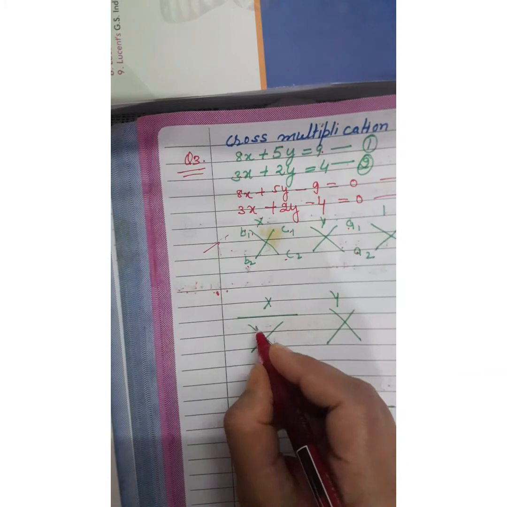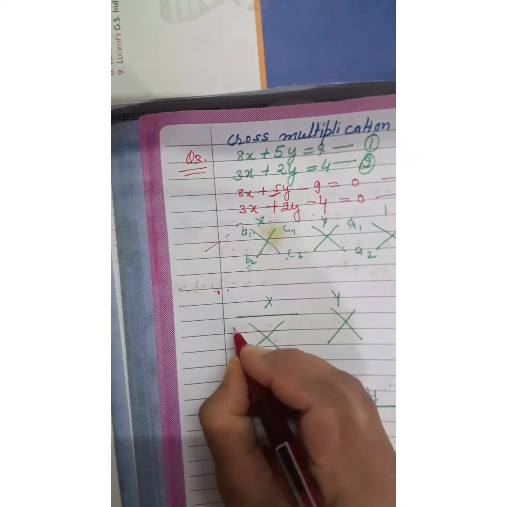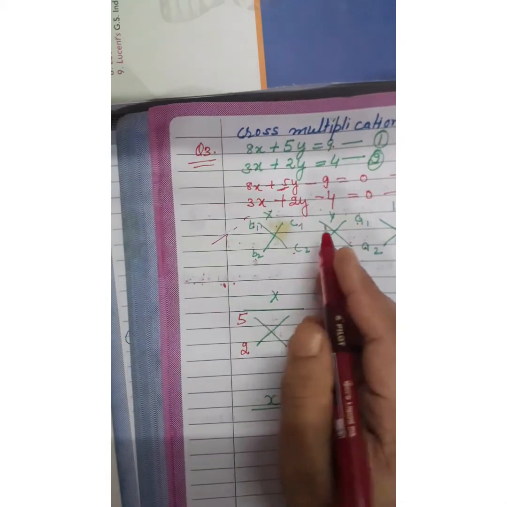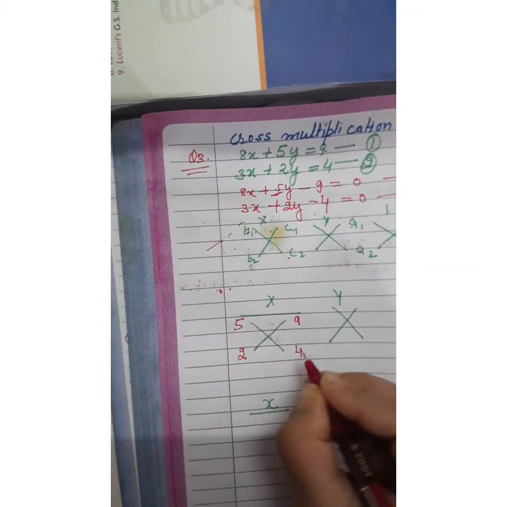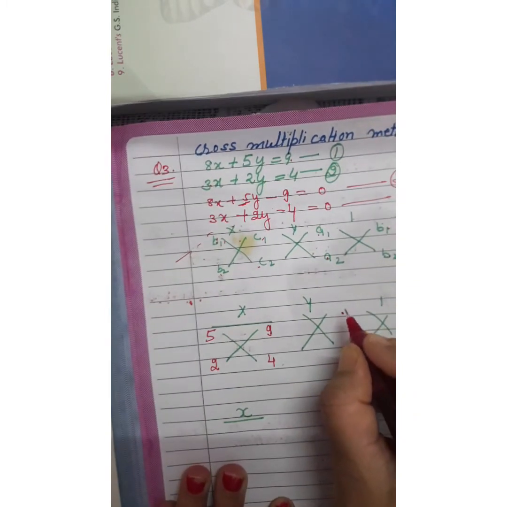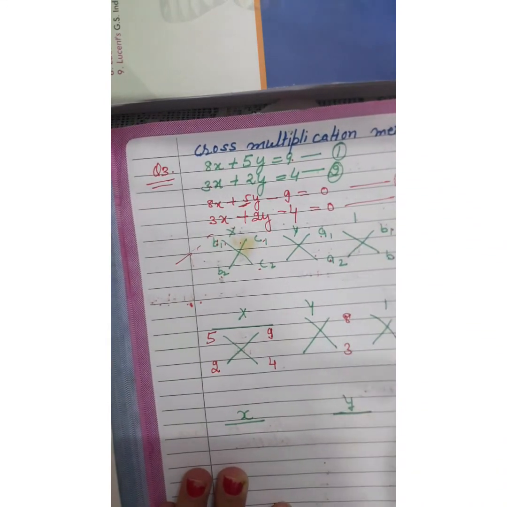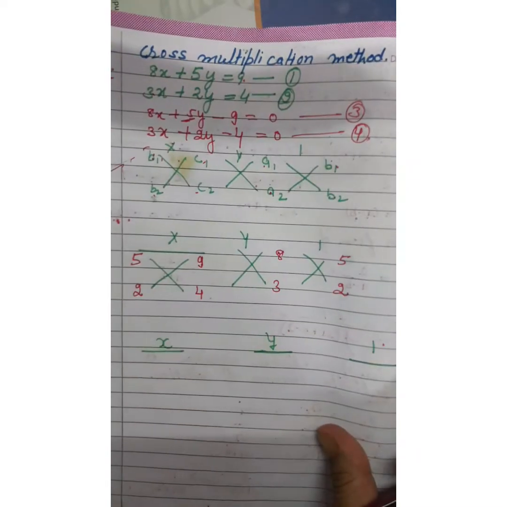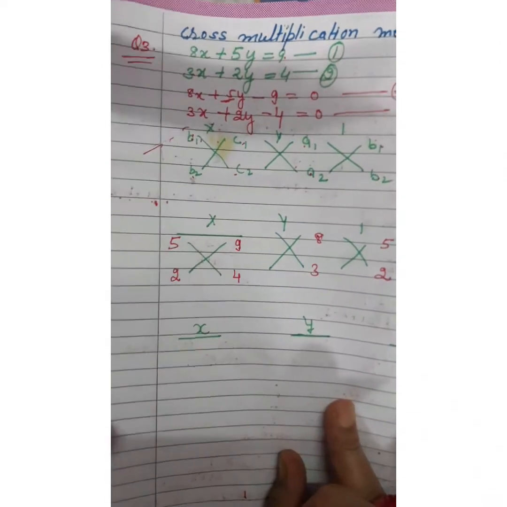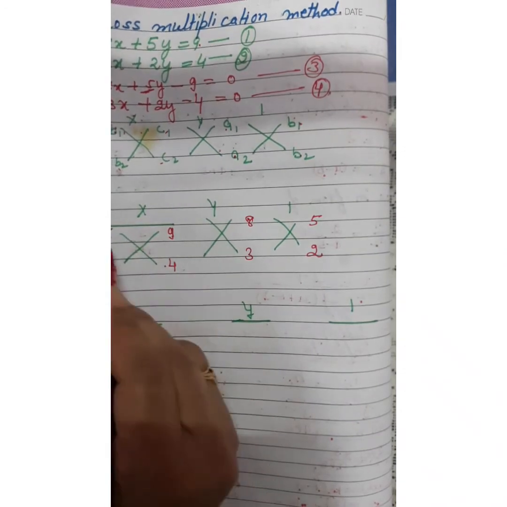Then when you are putting values in this formula, b1 is 5 and here 2, and c1 is 9 and 4, and here a1 8, 3 and b1 5 and 2. This is your formula, right? So when you are solving this equation, then this is x cross multiplication.